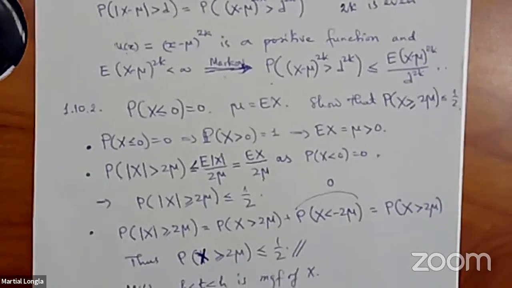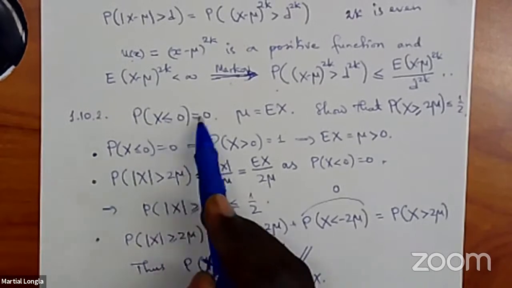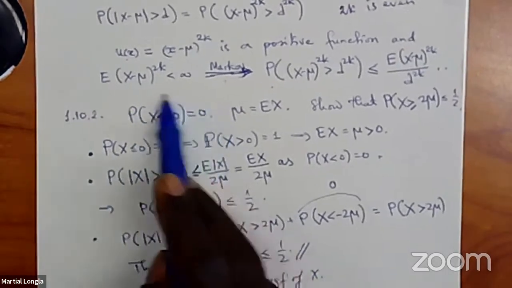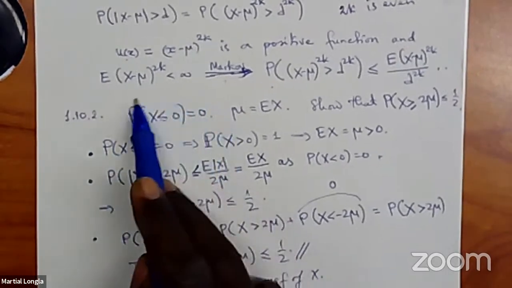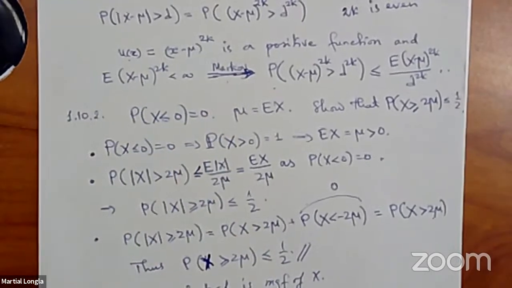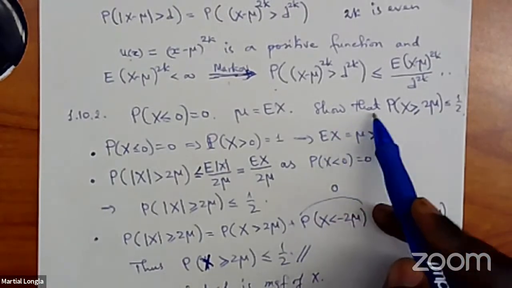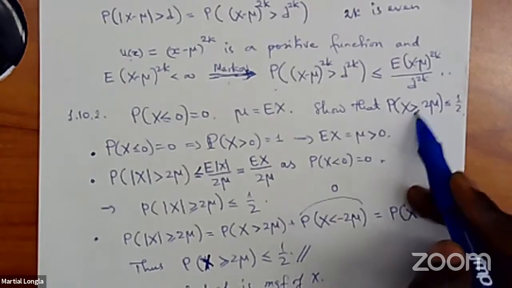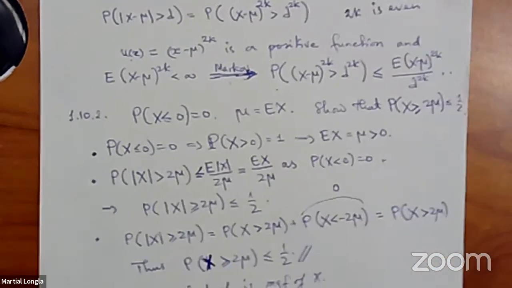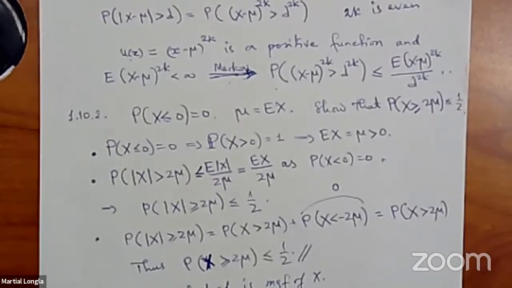Now for number 2, I think you had issues figuring out how to use the condition that was given, that the probability that x is less than or equal to 0 is 0. Now we needed to show that the probability that x is larger than or equal to 2 mu is less than 1/2. Two things are important here. You need to first assert that mu is not 0.